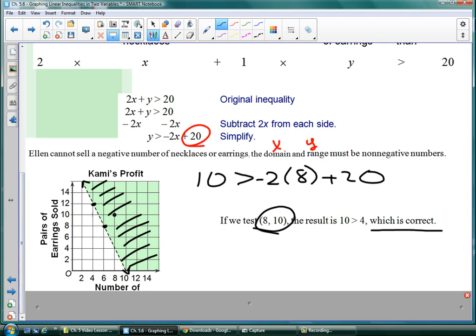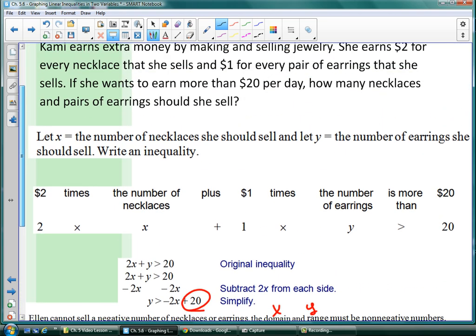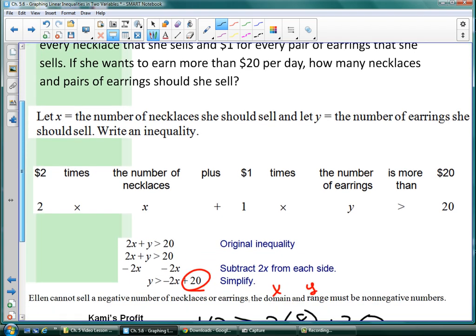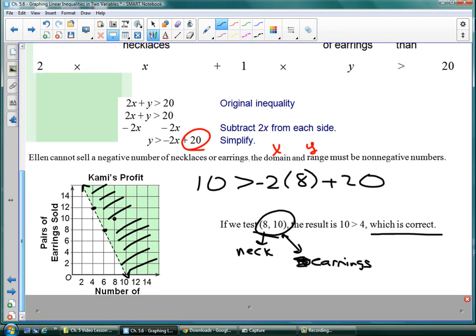So that means that I can have 8 necklaces and I can get 10 earrings and still fall within my constraints, still fall within the things that tell me what I can and cannot do. And that's what we're looking at. And so that's why this half plane is filled above this line, to let you know that all of the things we're talking about need to be greater than this.